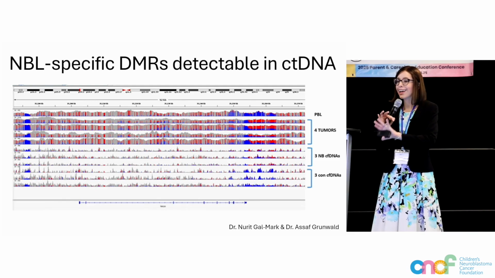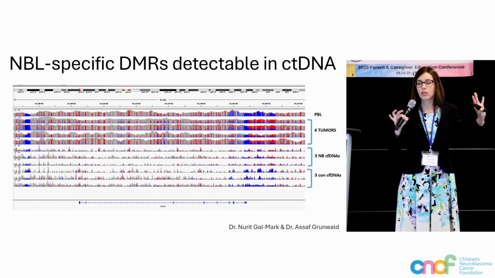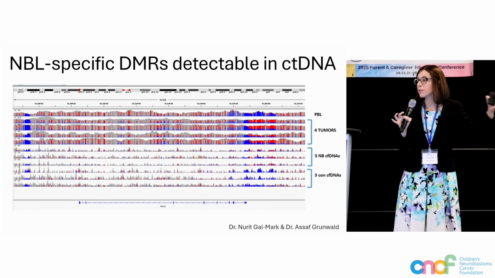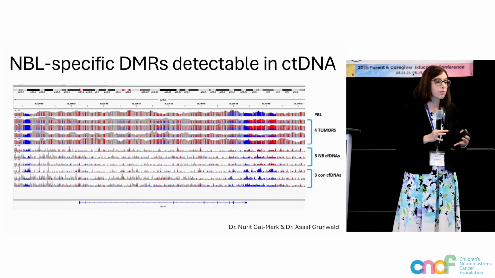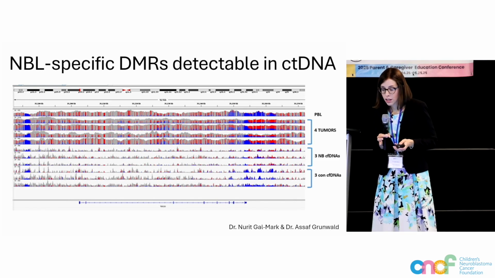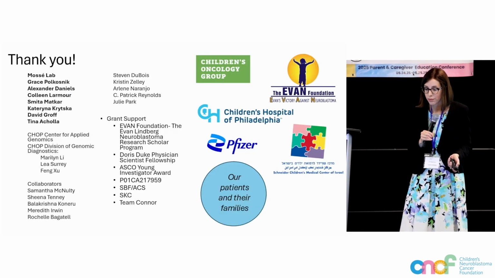And these are agnostic of mutation. These are methylation marks that signal there's neuroblastoma. And so we want to work to develop this as a marker that can be utilized for patients who don't have MYCN or ALK or NRAS or something else that we can follow in the DNA. And my colleagues there are the ones who are pioneering this technology.